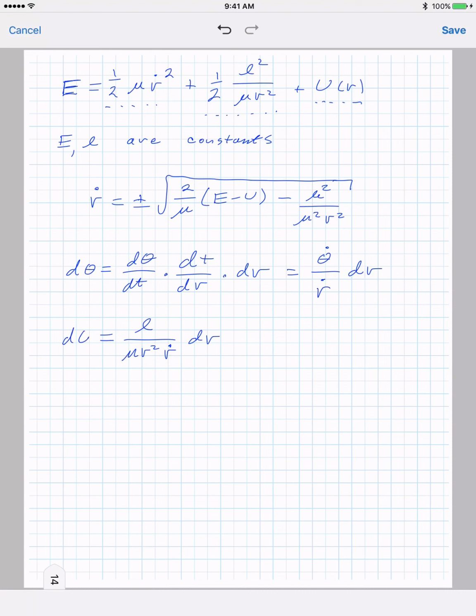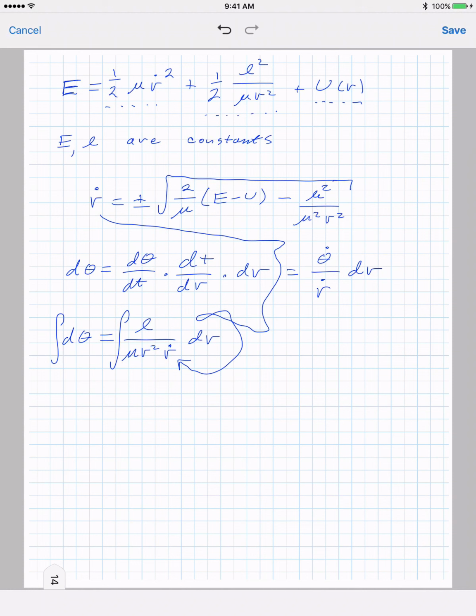So I've got a d theta on one side, I've got a dr on the other side. Let me throw an integral up here. And then this r dot is coming from over here, right? So r dot, oops, it's right there, all right?